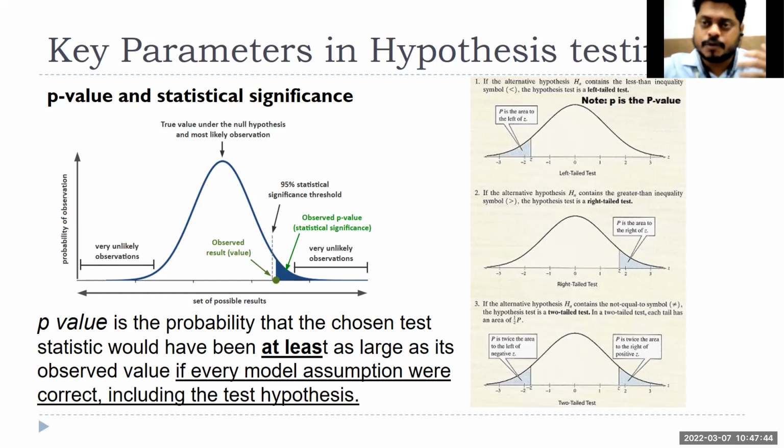Because if you believe that your average salary package is less than or equal to 20 lakhs, and the probability of the null hypothesis being true is only 2%, 3% only, which is very small, then you might say that it is greater than 20 lakhs. Yes or no? So when you talk about the p-value, it is about the probability of the null hypothesis being true, whatever data you are collecting.